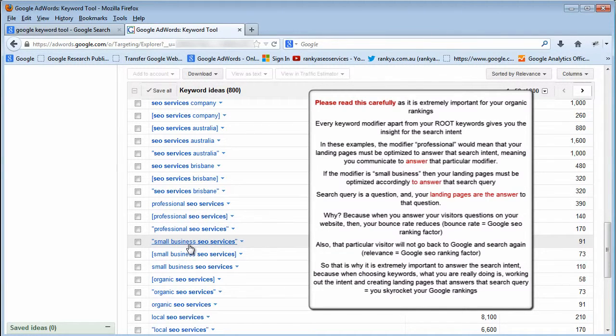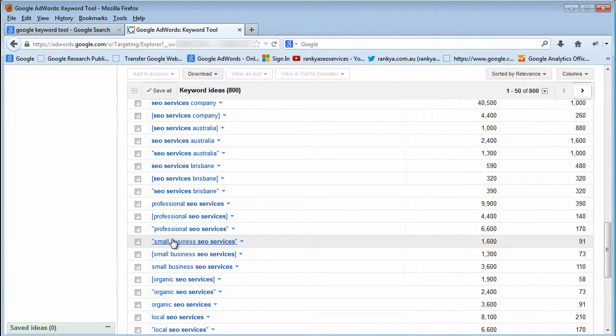You know what? That looks very promising to me. For example, if I was in this industry, why would someone search for small business SEO service? Common sense, right? A small business owner is going to search for terms like this. So that's what you're seeing here. Or about organic SEO services.